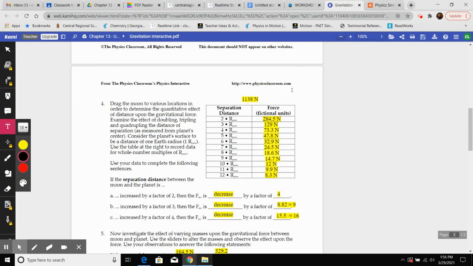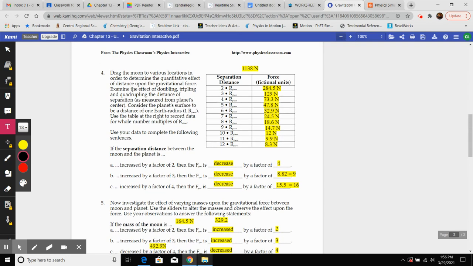All right. So based off of the things that we had done with distance, what was going on? If we increased it by a factor of 2, the force decreased by a factor of 4. We increased it by 3, it decreased by 9.